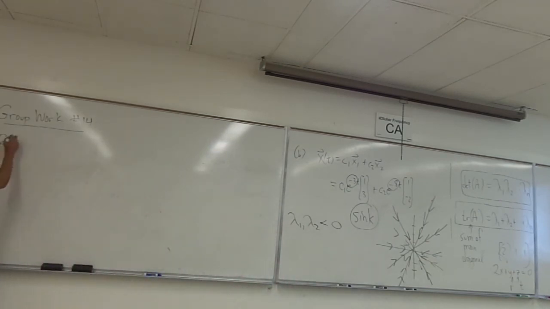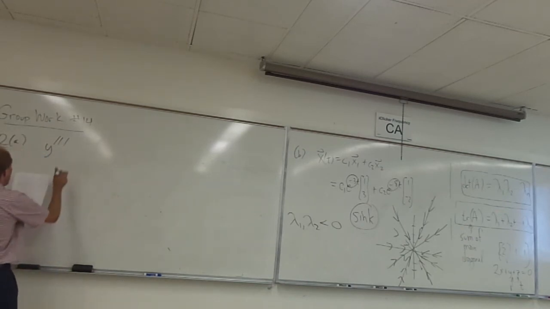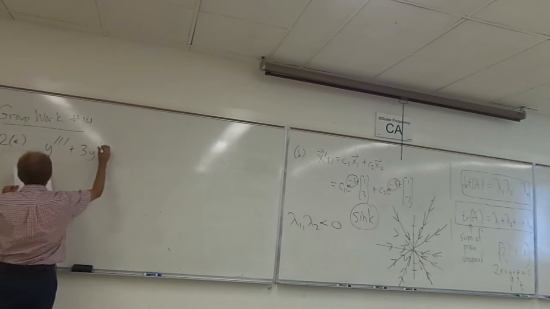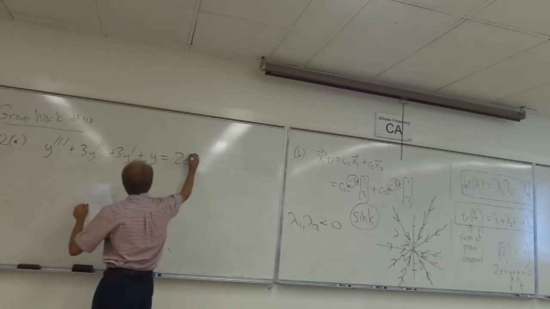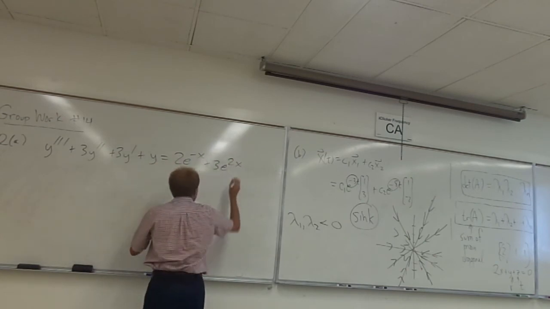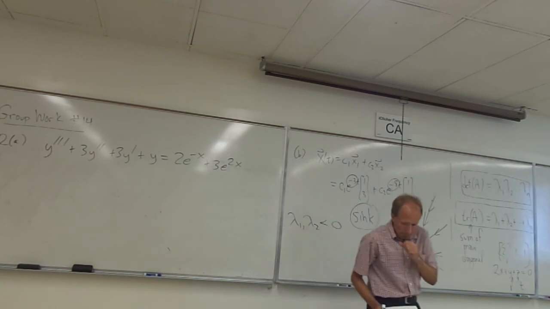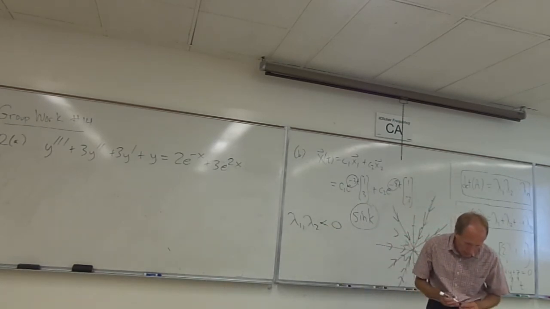Okay, so here's number 2a. I'm going to give you a differential equation. y triple prime plus 3y double prime plus 3y prime plus y equals 2e to the negative x plus 3e to the 2x. Okay.